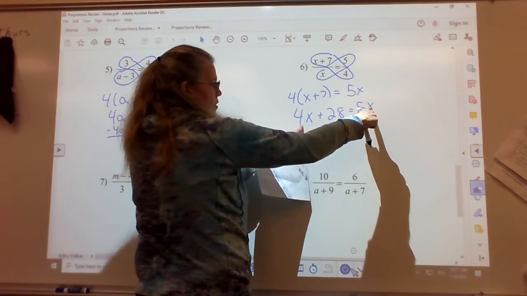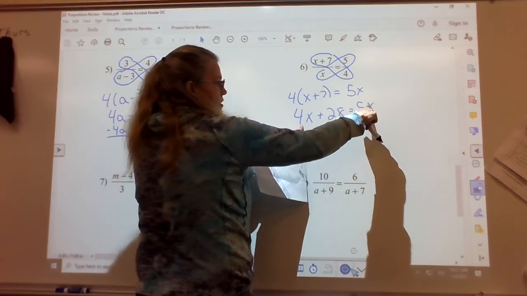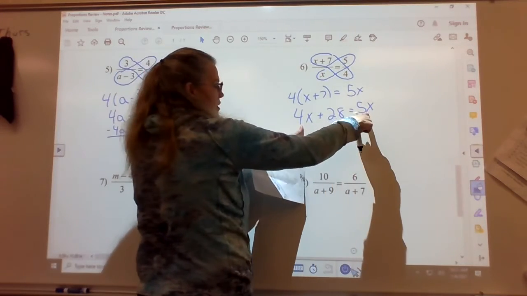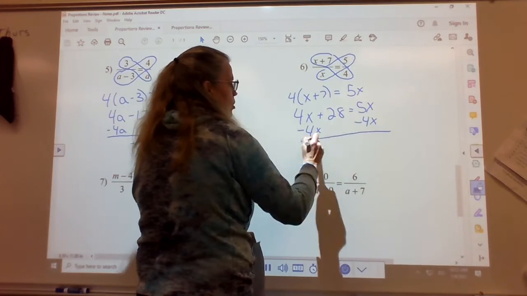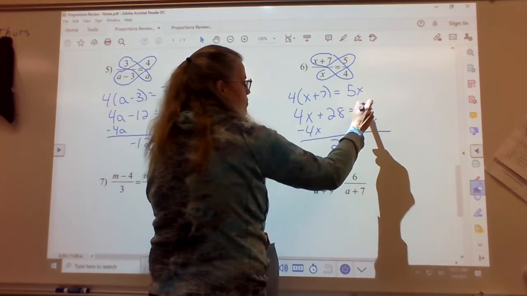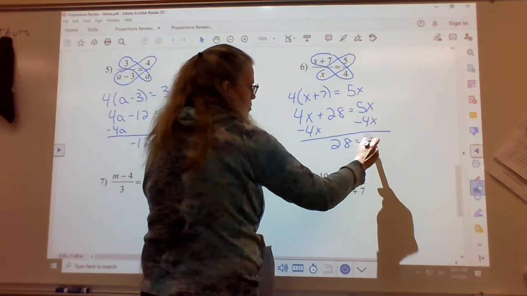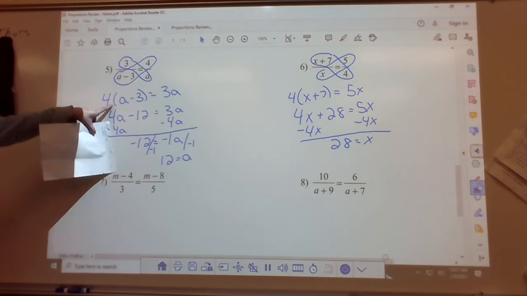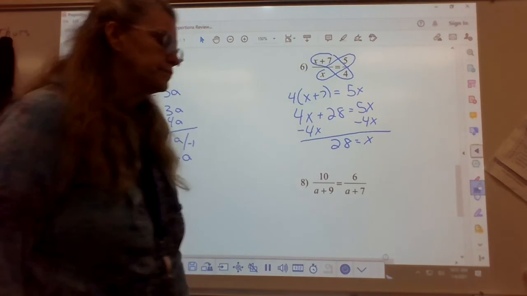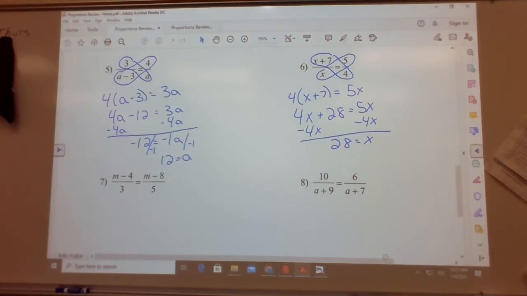I'm going to move this one this way because I don't want to move the 5x back this way, because then I'm not going to have anything left. So subtract the 4x. 28 equals 5x minus 4x is 1x or just plain old x. So that's those two. So like I said, a little bit harder because you'll have to distribute on one side.